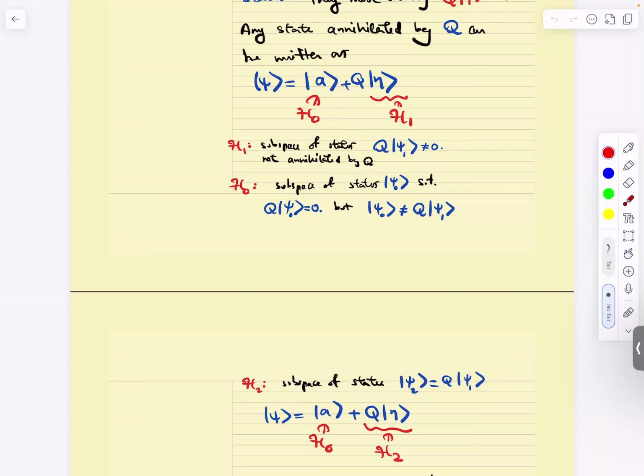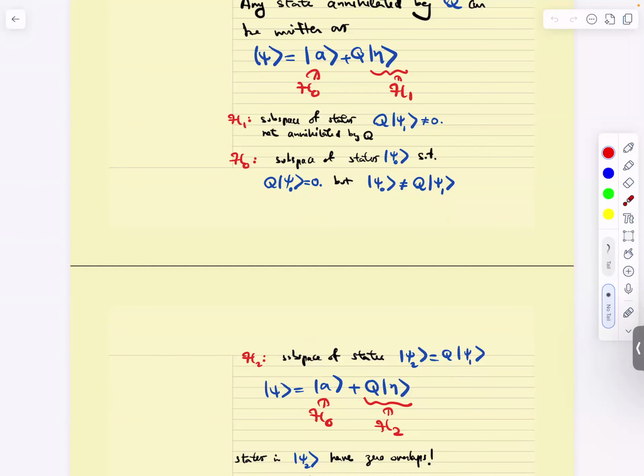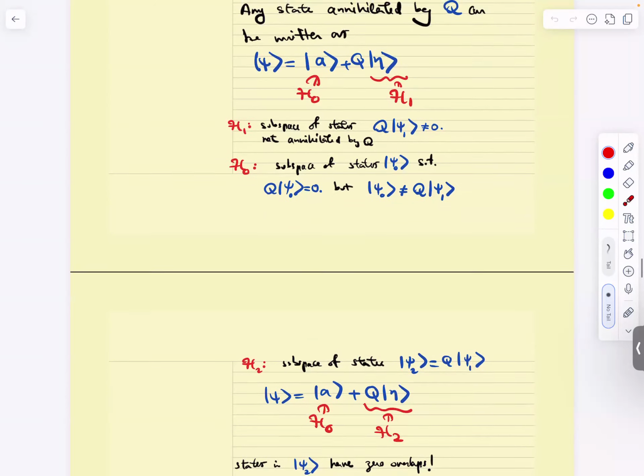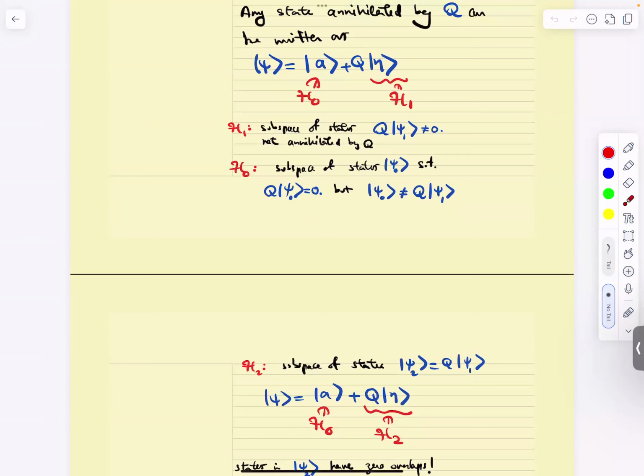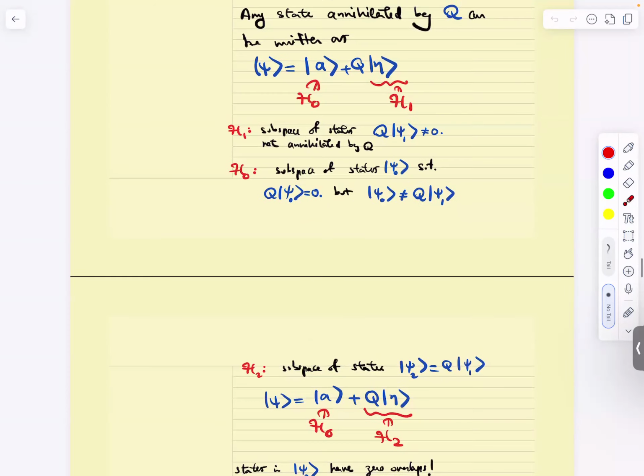And then there is H2, which is a subspace of states that are Q of something. These are very familiar from topology, cohomology, if you've seen it. But it's just logical; this is the structure of it. For this to be invariant, Q has to kill this guy, and then we're making the separation between the two terms by saying that this is killed by Q but is not itself Q of something, while this is killed by Q because it's Q of something. Good?